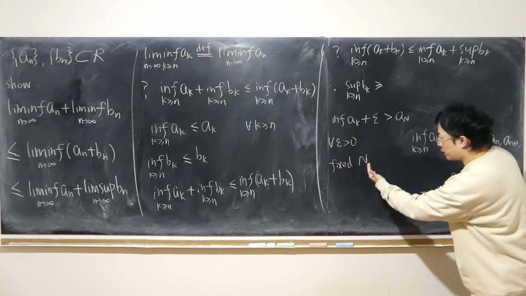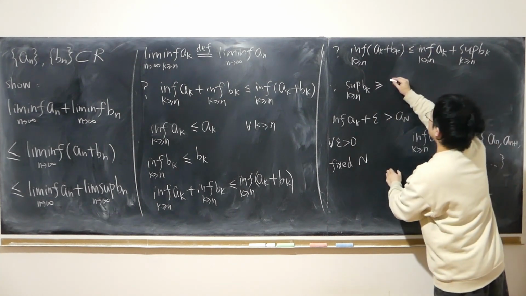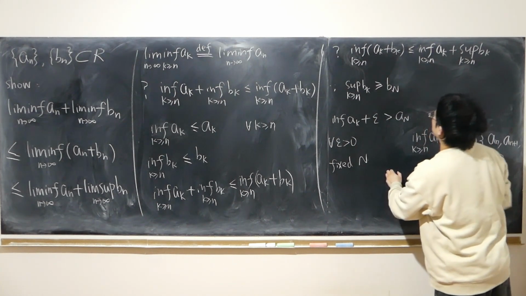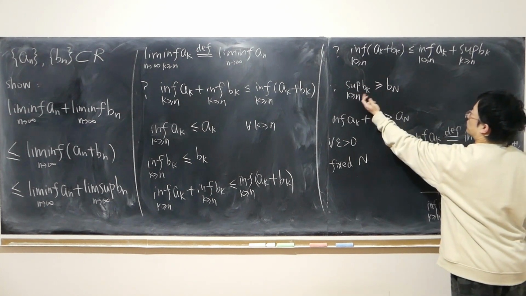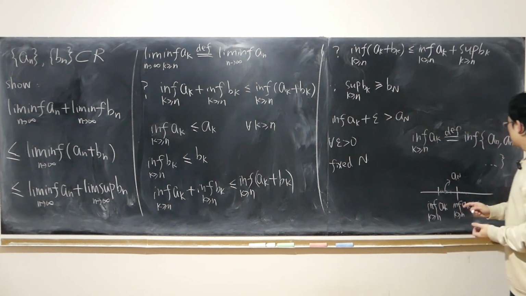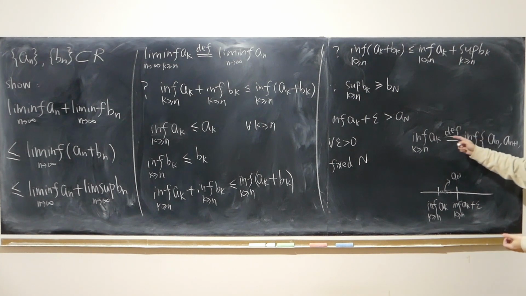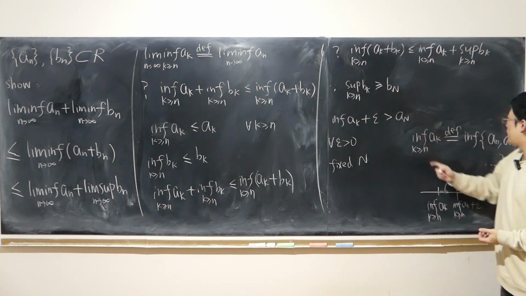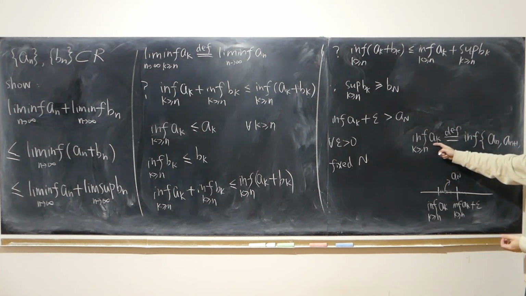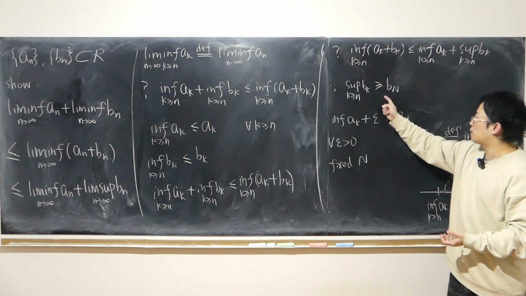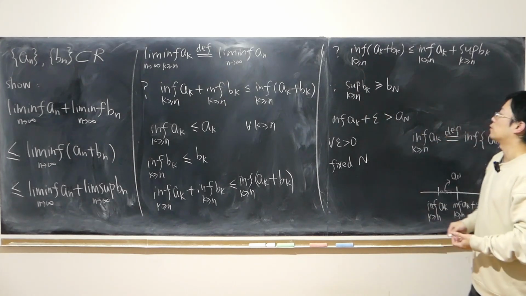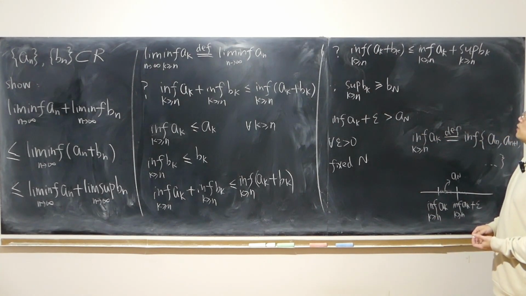For this fixed capital N, we say b sub N. Is it smaller than the supremum of bk? Of course. Because bn is somewhere in bk, bn plus 1, somewhere in here. Of course, no larger than the supremum, by definition.